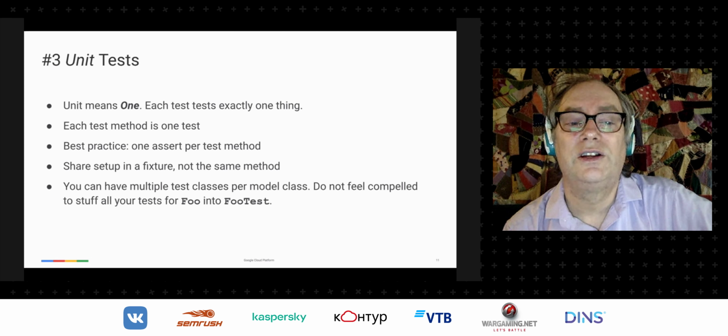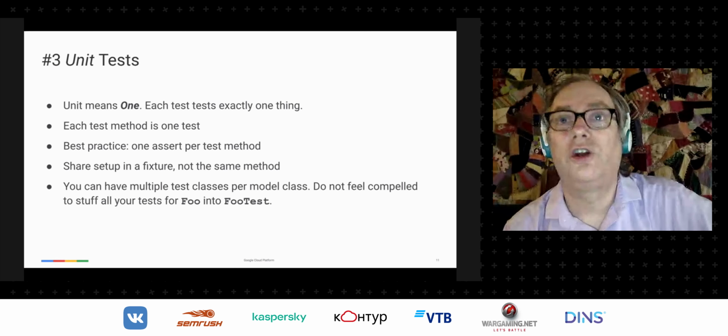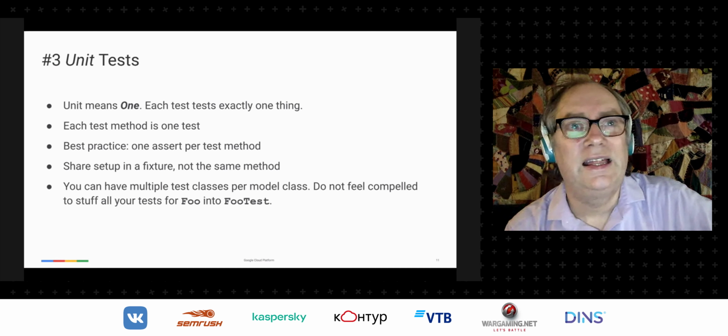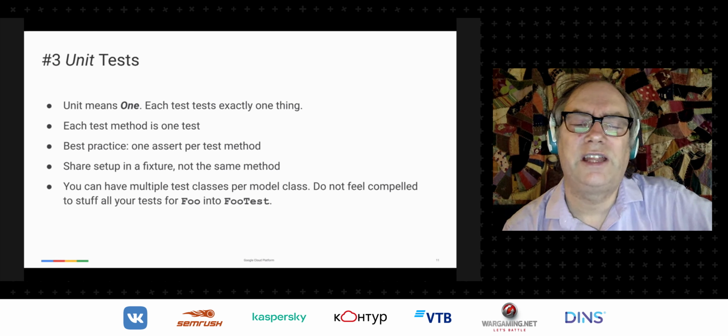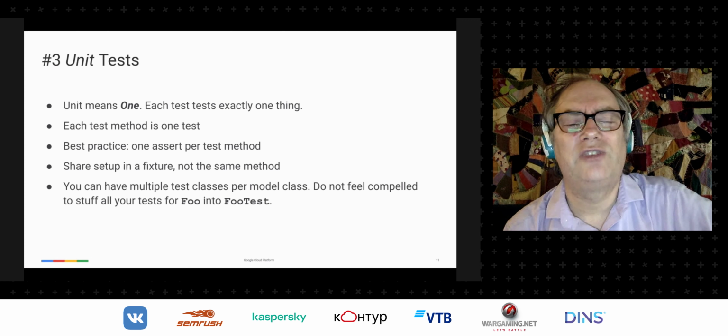If you need to share setup code between multiple tests, share it in a fixture. Don't put it all into the same method. When you see many different things being tested in one method, that's okay as long as everything passes, but as soon as one of those tests fails, it gets much harder to debug than if the tests are cleanly separated from each other.